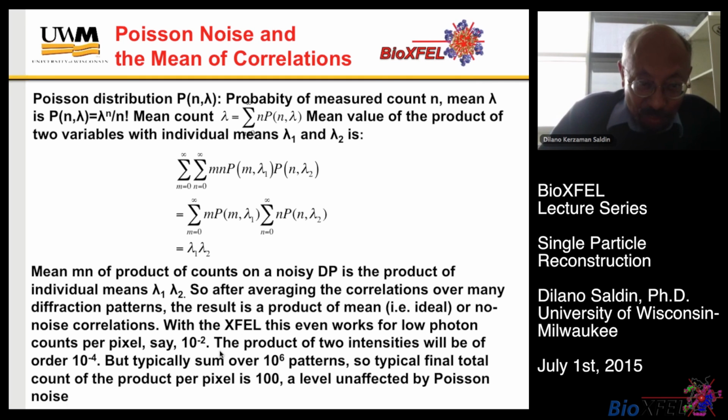So 10 to the minus 4 times 10 to the 6 is about 10 to the 2, i.e. about 100. And at that level, when you get a signal of about the order of 100, this is the sort of level which is generally unaffected by Poisson noise. This is what I mean by averaging over a large number of patterns.